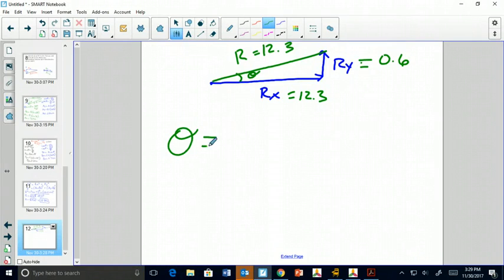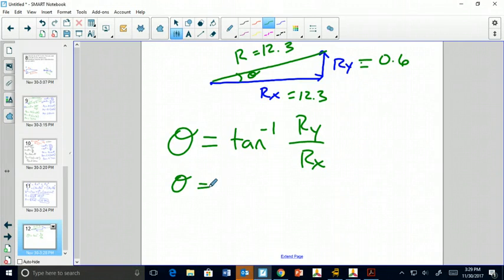That theta is equal to the inverse tangent of Ry over Rx. We got that because, of course, tangent is opposite over adjacent, and we just solved it out to get theta all by itself by taking the inverse of that tangent.